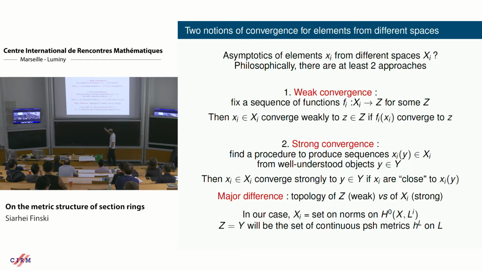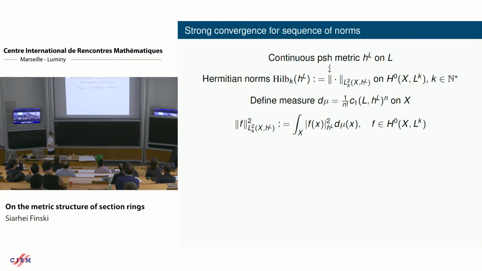Okay? But if you think about them just as smooth positive metrics, you will not lose much. Okay, so right now I would like to describe a bit more precisely those two notions of convergence on my specific example. And I would like to start with strong convergence.